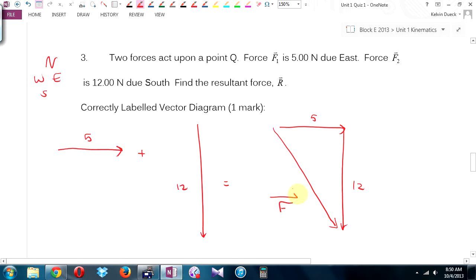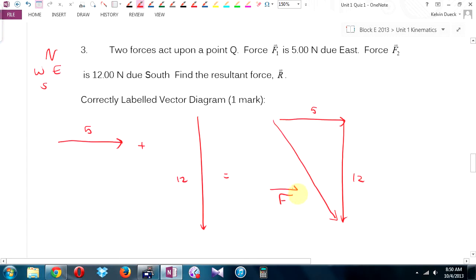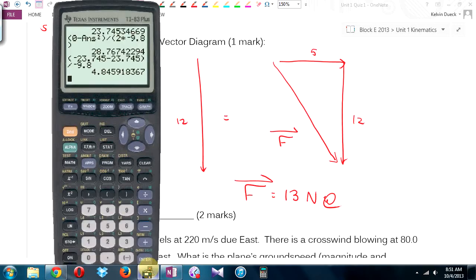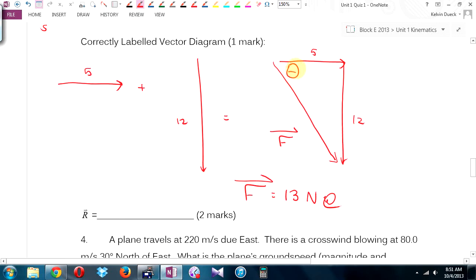I think by a wonderful fluke, when you do the Pythagoras, this one actually works out evenly, doesn't it? To exactly 13 newtons, because this is the 5, 12, 13 triangle. I actually have that one memorized. There's my theta.